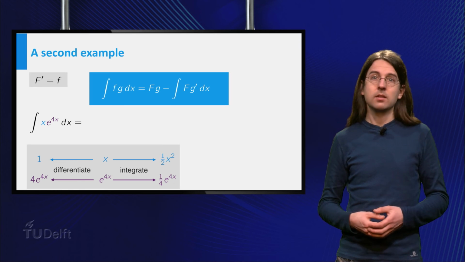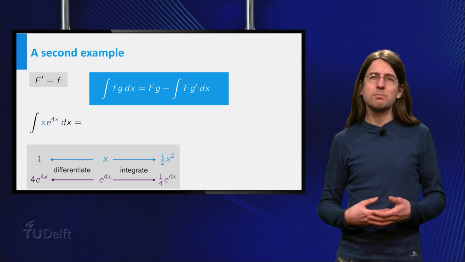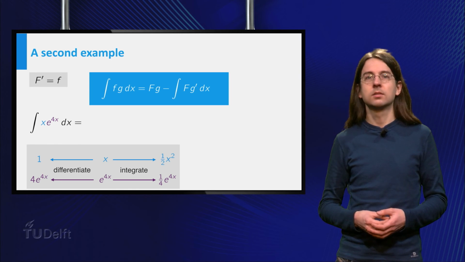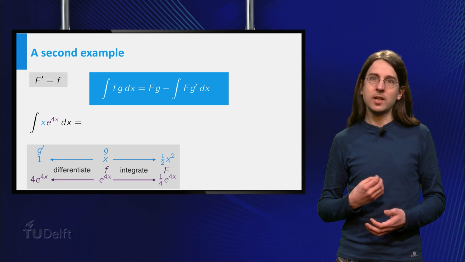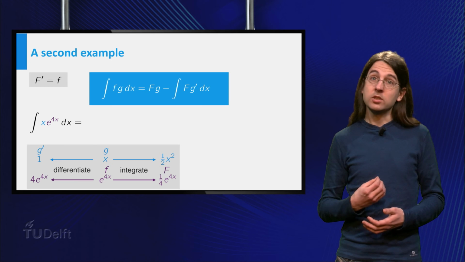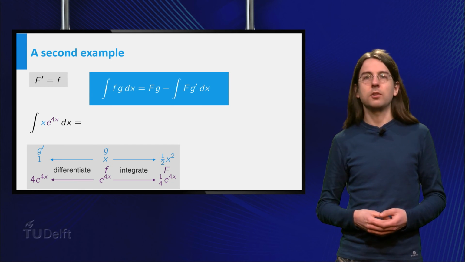For x, integration gives 1/2 x squared and differentiation the constant 1. As a constant function is much simpler than a quadratic one, we differentiate x. Thus, we set f equal to e to the power 4x, so its primitive capital F becomes 1/4 e to the 4x. And the function x is g, so g prime becomes the constant function 1.